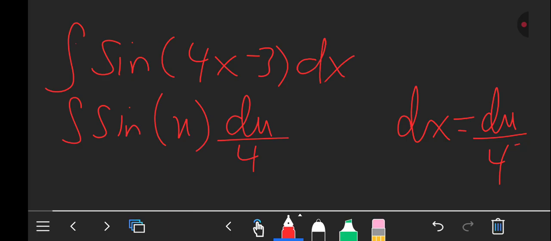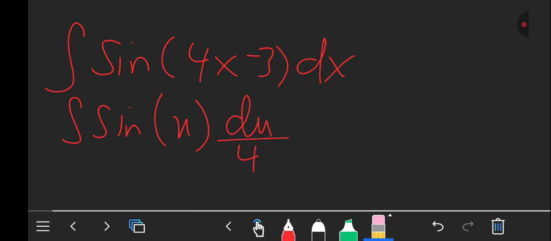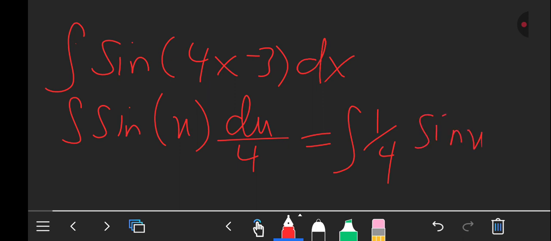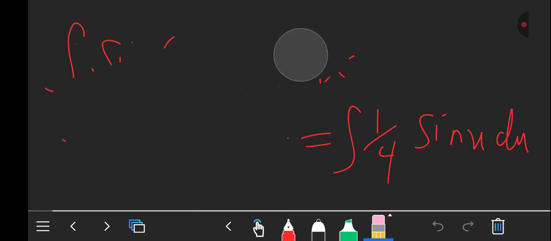So this is the same as the integral of 1 over 4 sine u du.